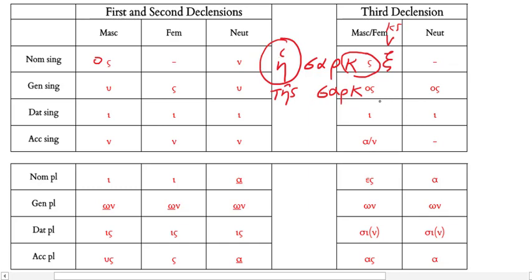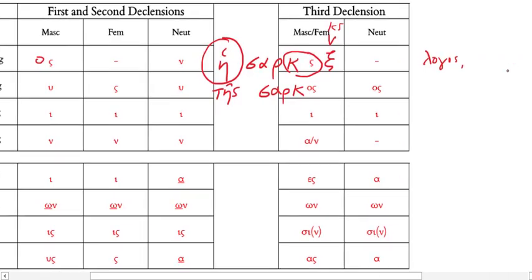Right. Now, do you remember how, with your nouns in your vocab list, he always gives you the genitive singular case ending? Like with logos, he gave you logou.